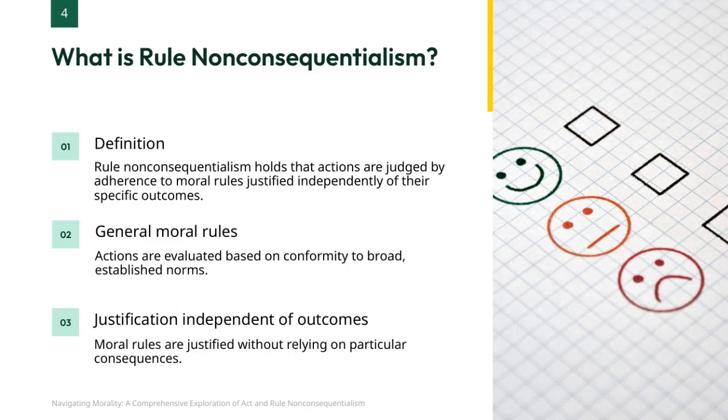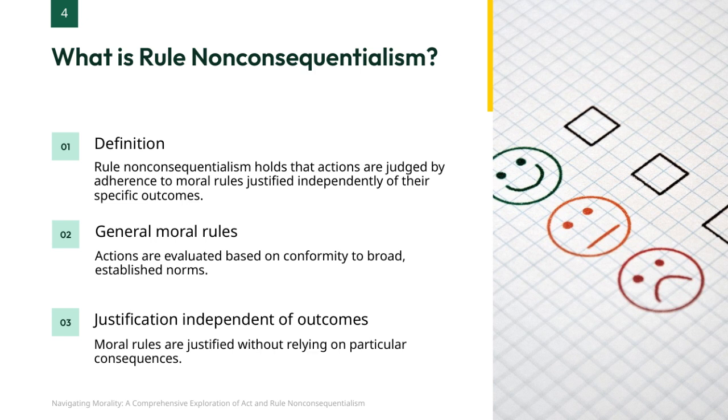Here we're exploring the concept of rule non-consequentialism. First, let's define it. This approach holds that the rightness or wrongness of an action is determined by whether it follows moral rules, not by the specific outcomes it produces. Moving on, these actions are evaluated based on their conformity to broad established moral norms, rather than on individual situations.